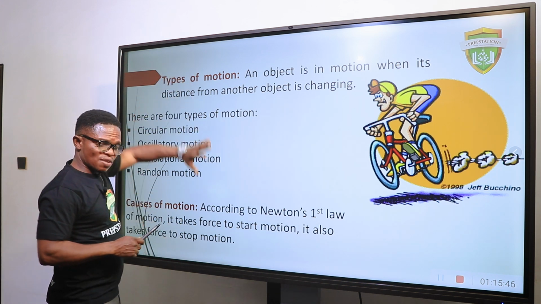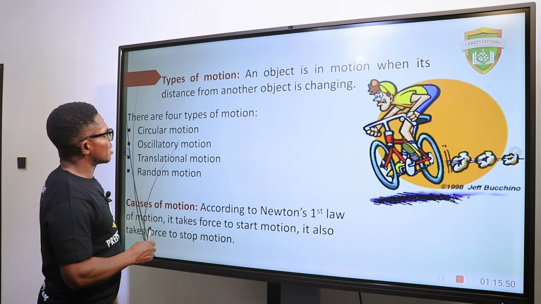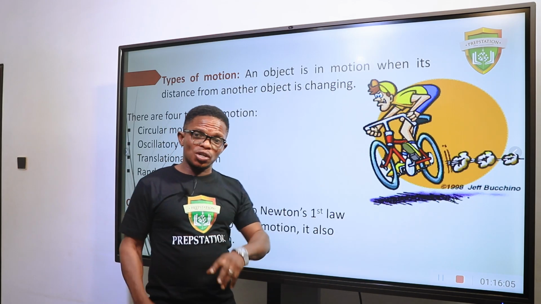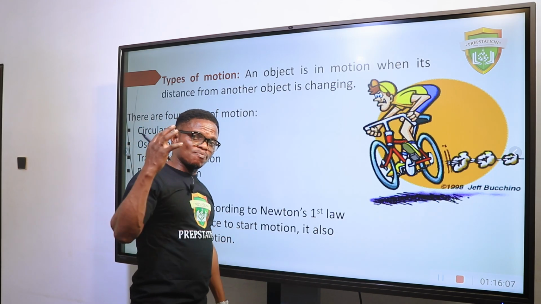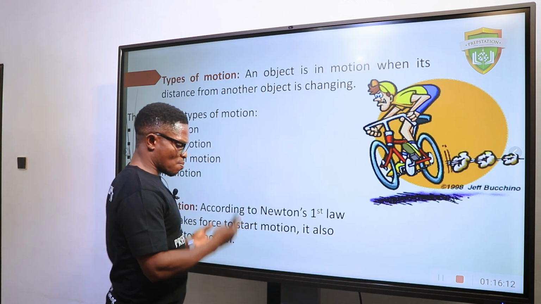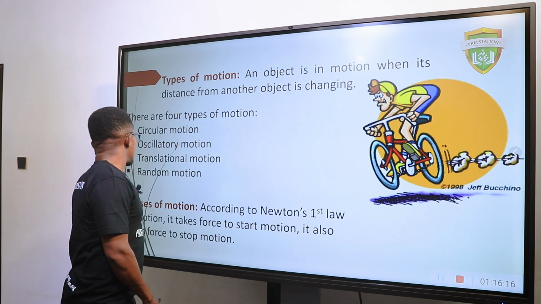So an object is in motion when its distance from another object is changing. In other words, motion is the change in position of an object. When you change position from point A to point B, it means motion has taken place.